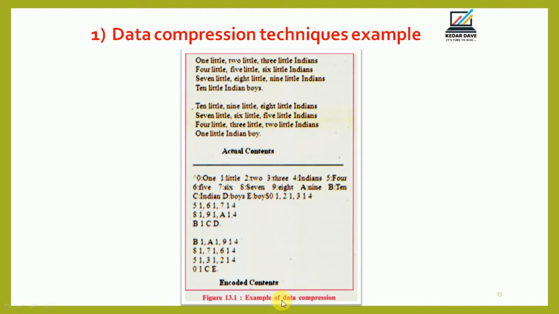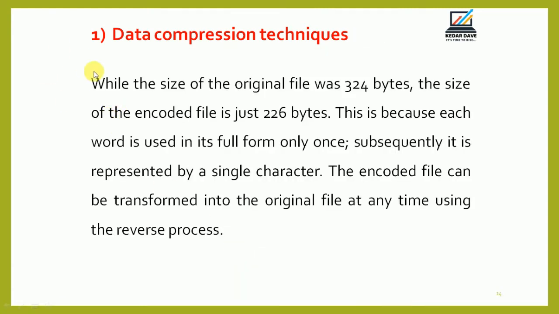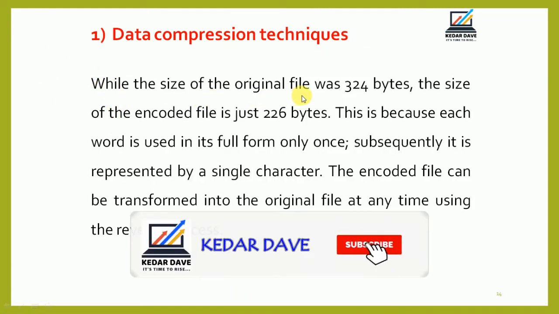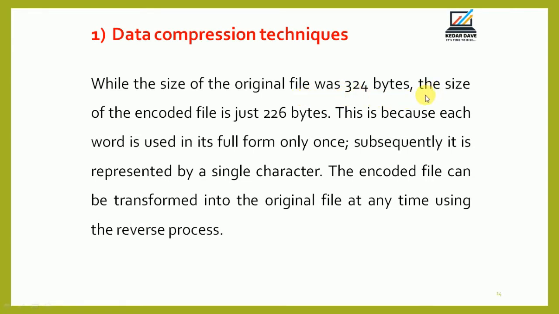It is related with data compression. This is the actual content. The number of words are repeated, so the repeated words are combined, and it will reduce the size of the file, right? So this is the actual content, and this is the encoded content. The size of the original file was 324 bytes, this is one example. The size of the encoded file is just 226 bytes. Right?